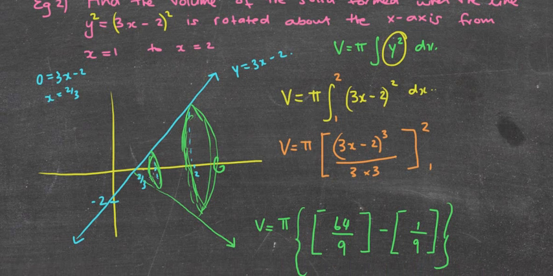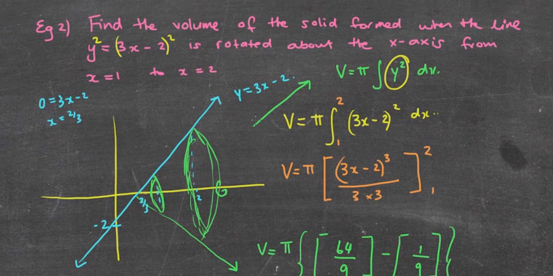I put my points 1 and 2, they are my limitations, or your intervals, and then I applied it to the rule. It was about the x-axis, so we're looking for y squared dx. Once I did that, I integrated as we normally would and got my answer for the volume.